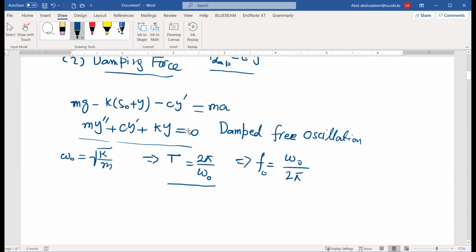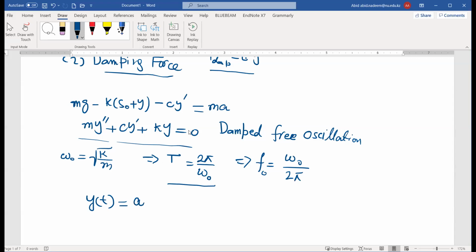For these equations, very often you will get the solution in this type of format, especially when the roots of the characteristic equation are complex conjugates.